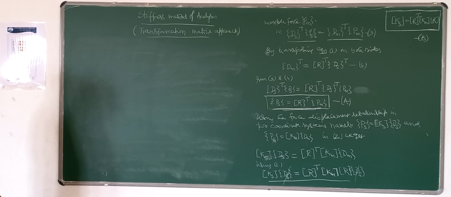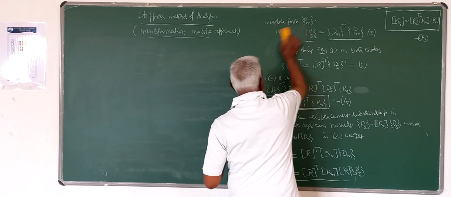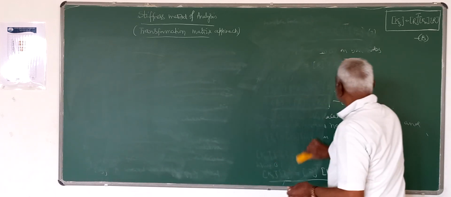So that is the procedure we follow during analysis. This much theory you have to remember, and now we will take up straight away the problems, that is analysis of beams, analysis of trusses, as well as analysis of rigid frames one by one, using these principles.